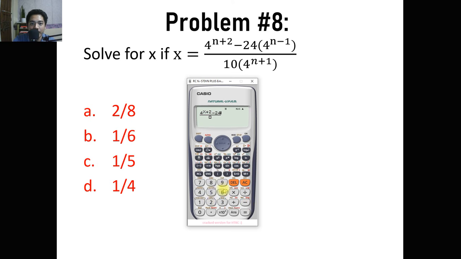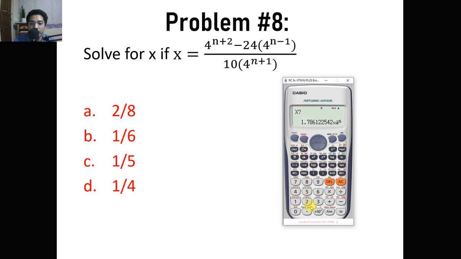Minus 24, quantity, we have 4 raised to alpha x minus 1, quantity, all over 10, quantity 4 raised to, it's not alpha, so we have to have the exponent first and then alpha x plus 1. And then we're going to input any value of x. Let's say 2. So the result is 1/4.